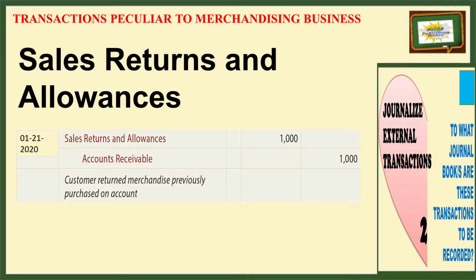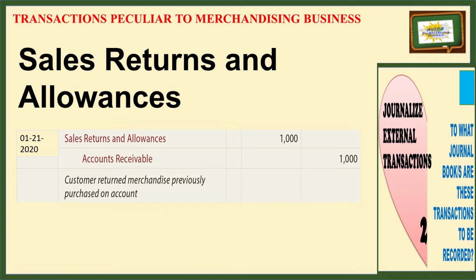So we have the sales returns and allowances. Sales returns and allowances is a deduction from the sales transaction. So the original entry was debit accounts receivable and credit sales, and then because the goods were defective, they were returned.